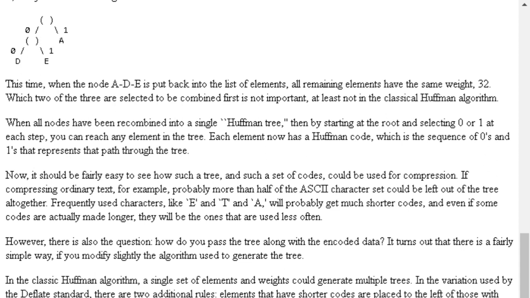If compressing ordinary text, for example, probably more than half of the ASCII character set could be left out of the tree altogether. Frequently used characters like E and T and A will probably get much shorter codes, and even if some codes are actually made longer, they will be the ones that are used less often.